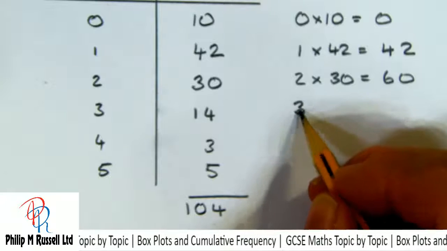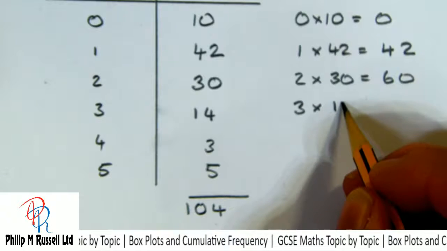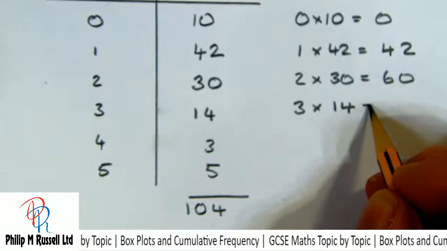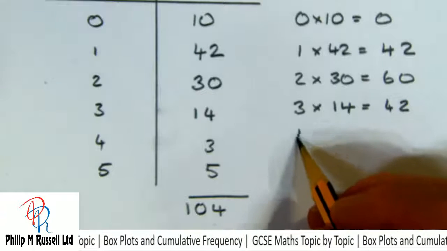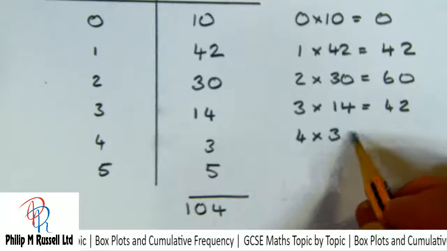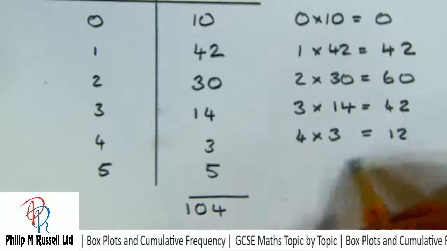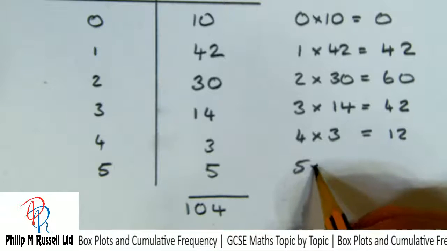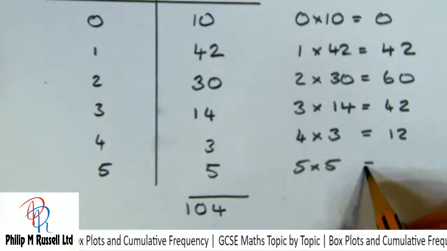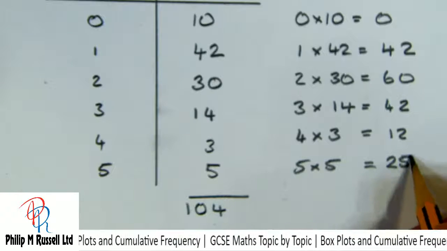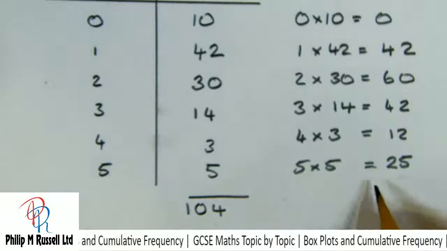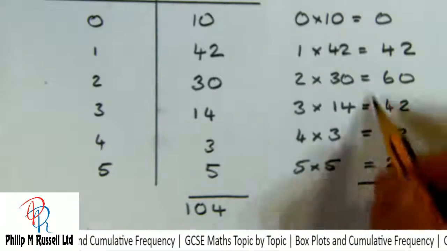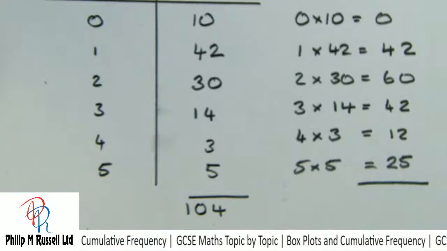We're going to have 3 times 14. We're going to have 4 times 3, and we're going to have 5 times 5. And to work out then the total number of children, we would simply add those up.